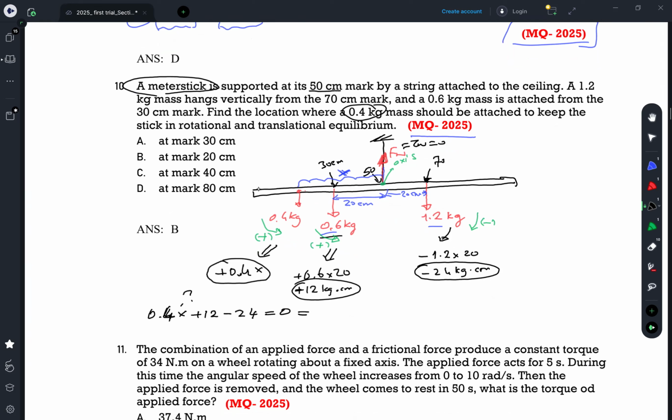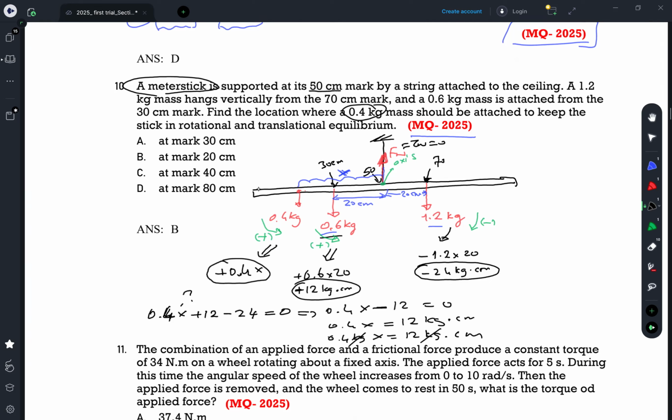So if I continue, 0.4x is equal to 12 kilogram times centimeter. The kilograms will simplify.